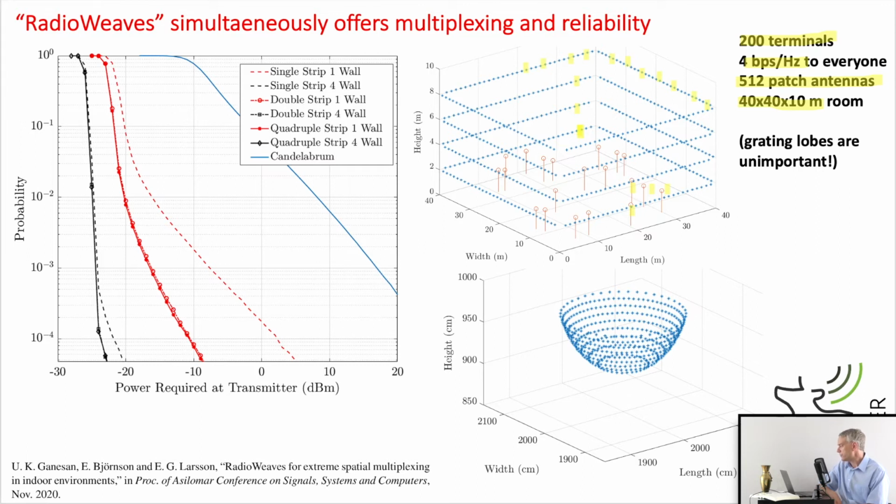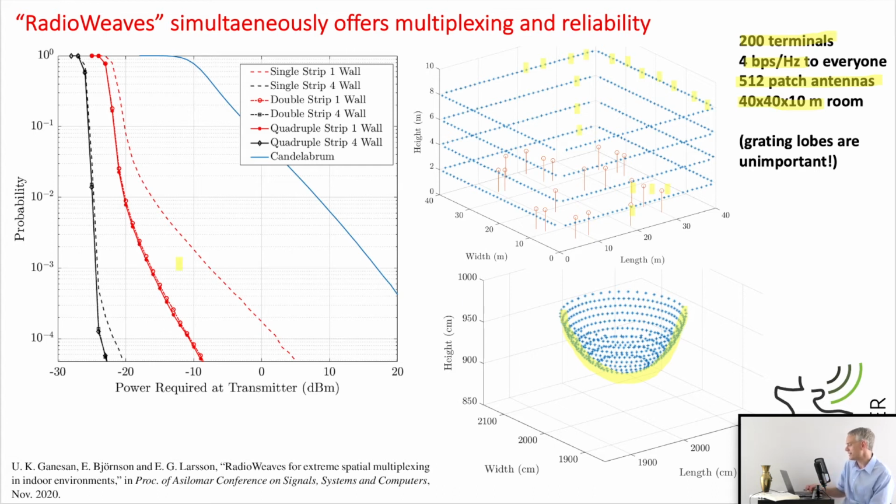So that's the radio weaves configuration, and the competing technology would be to serve these terminals using a co-located conventional antenna array. So for comparison, we also consider that, and then we had a candelabrum style array with half wavelength separation among the antenna elements, and the array was hanging from the ceiling in the room. So that's the candelabrum co-located array.